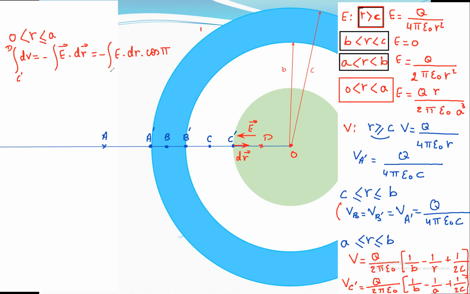And with the limit, when I say C prime, r C prime is located at a distance A. So the limit will be between A and rD.